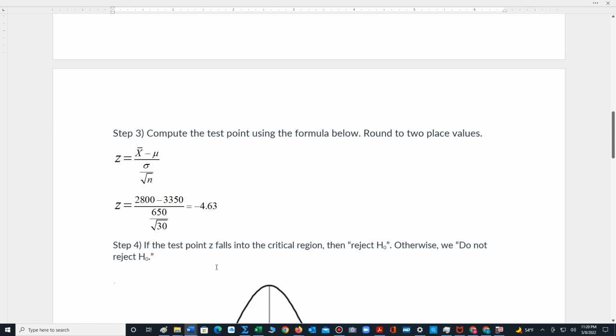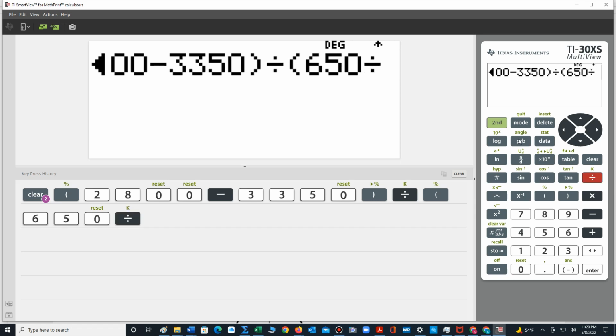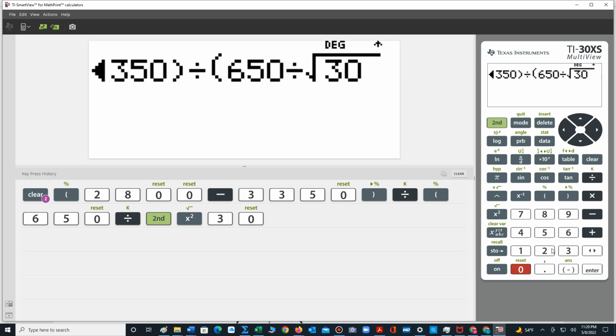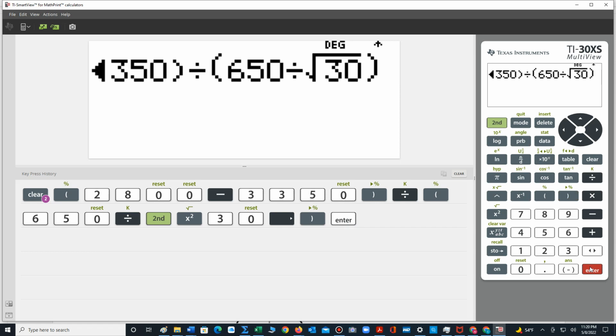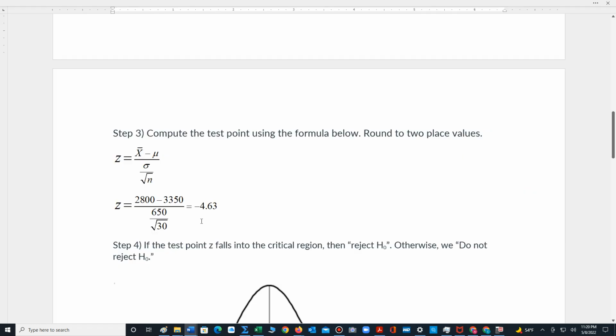It's 650 divided by the square root of 30. So you type in 650 divided by the square root of 30, close the parentheses and select enter. And we end up with negative 4.63. This is our test point.